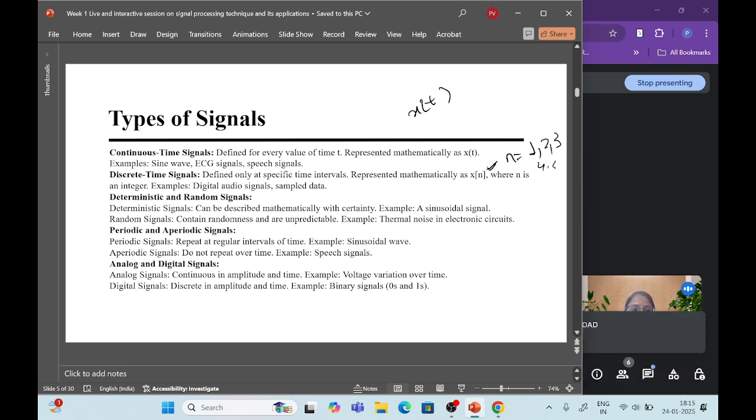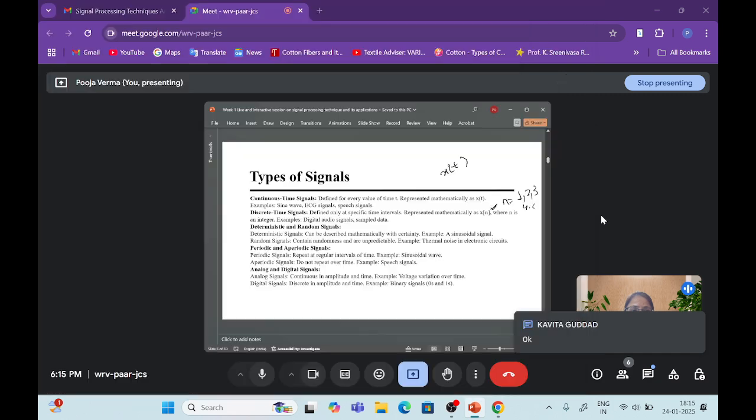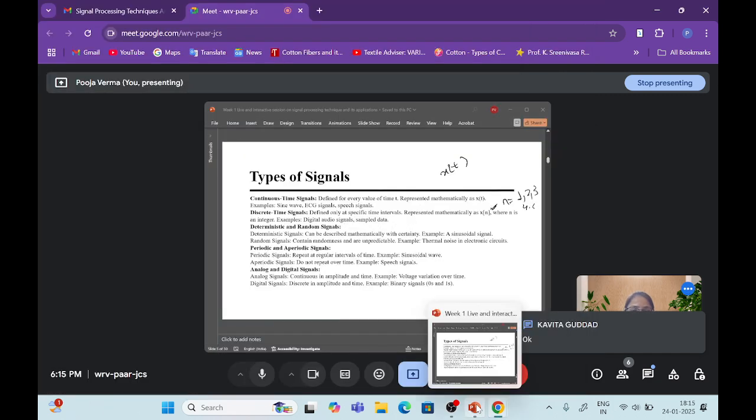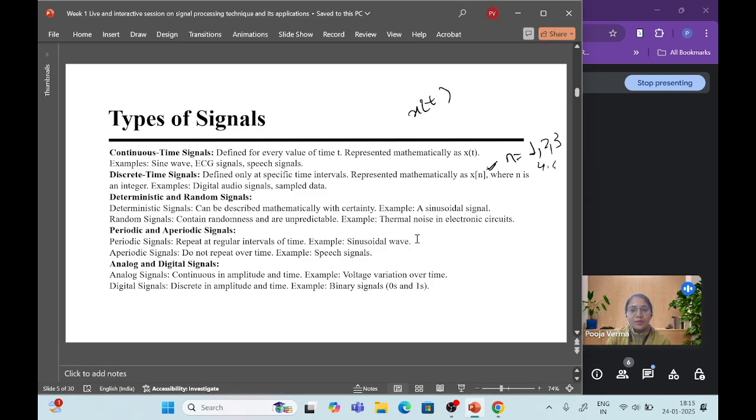Okay, next one is deterministic and random signals. Deterministic signals can be described mathematically with certainty. That means the signals which have certainty, like a sinusoidal signal. Random signals are the signals which have an uncertain situation, or that are unpredictable. For example, noise, any kind of thermal noise in electronic circuits or weather noise.